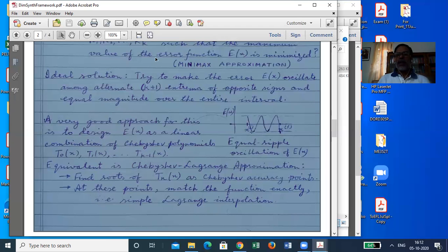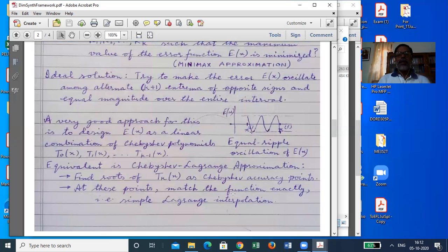Now each of these steps has been established mathematically, and they are of great value in approximation theory, in the minimax theorem, minimax approximation. Doing this as it is written here in these 4 lines is actually not very difficult, because the roots of Tk(x) are known, and doing this is quite straightforward.